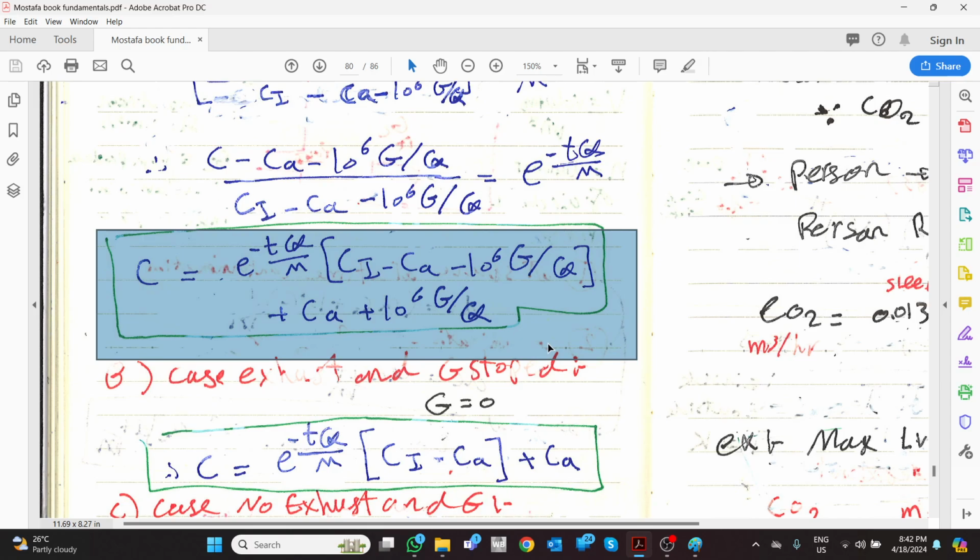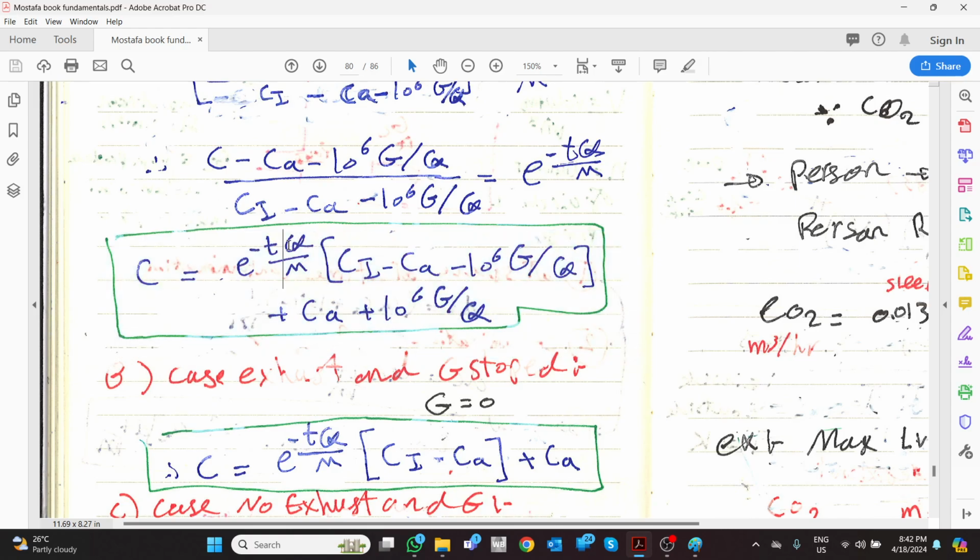So to calculate the concentration for the room at a certain time, for example after 10 seconds, while you are taking air, the flow rate is like this and the mass of the room is like this. You know that at a certain time the concentration was 800 ppm, outside is 400 ppm, and you know that the generation of ppm per the flow is like this.